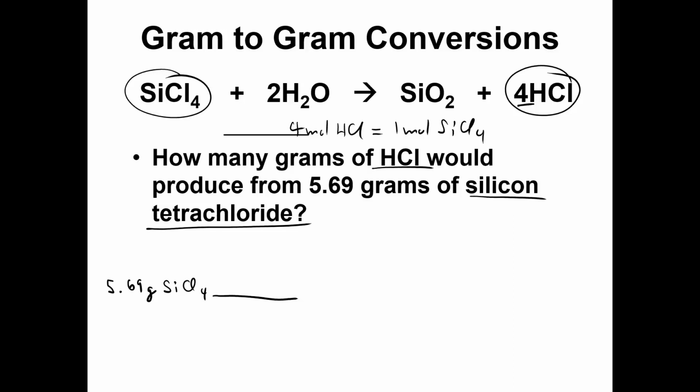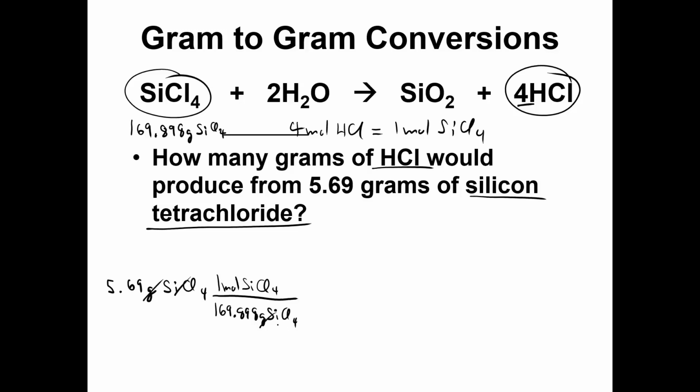And the molecular weight of silicon tetrachloride is 169.898 grams of silicon tetrachloride. That's equal to 1 mole of silicon tetrachloride. So we do that as our first step. 1 mole of SiCl4 divided by 169.898 grams of SiCl4.